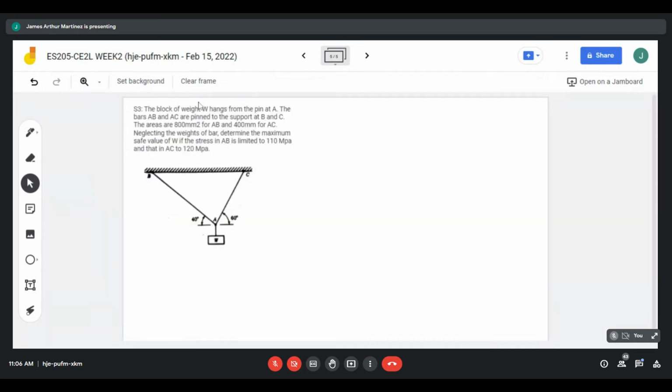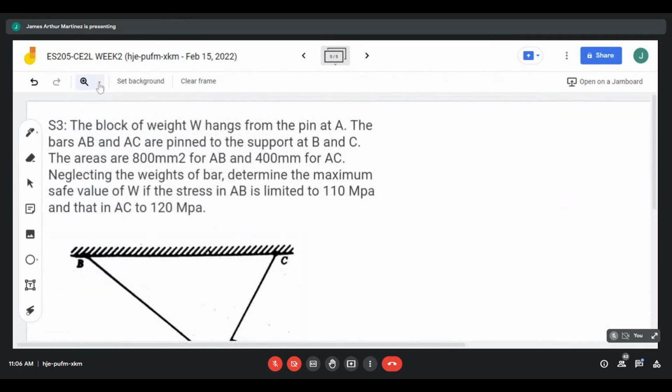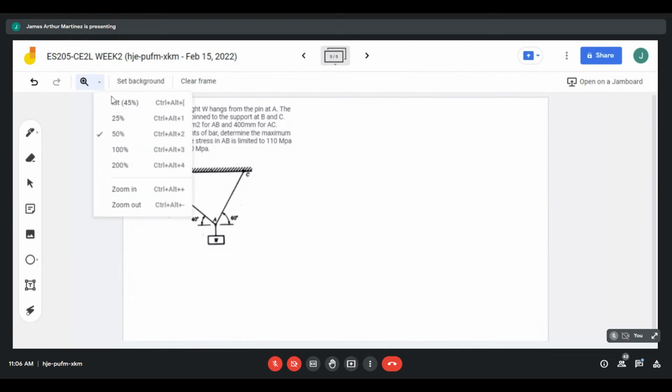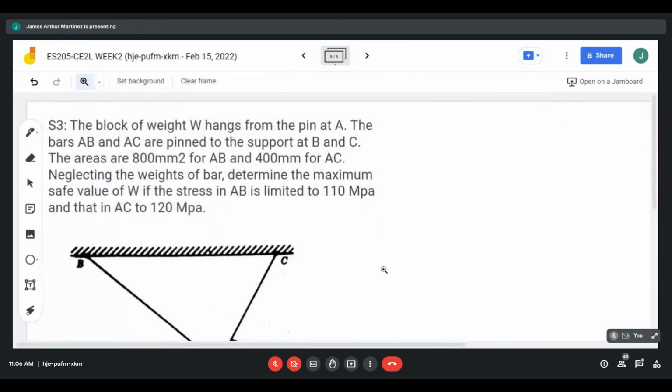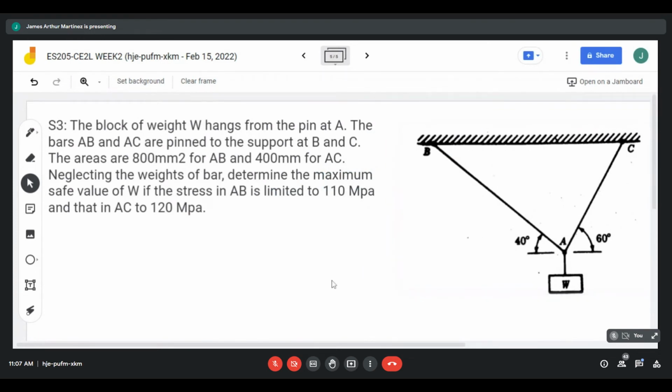Okay. So for a while, I'll give you time to copy the problem and the figure. I'll drink some water, class, for a while. Sir, can you zoom in a little? Okay, sir. Thank you.